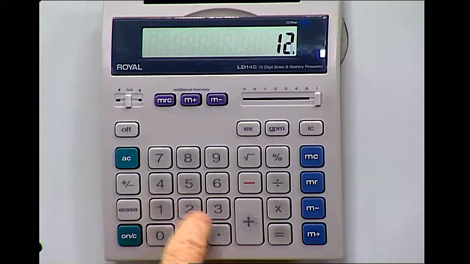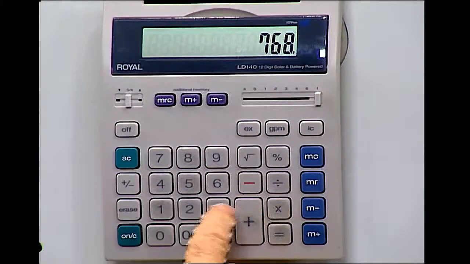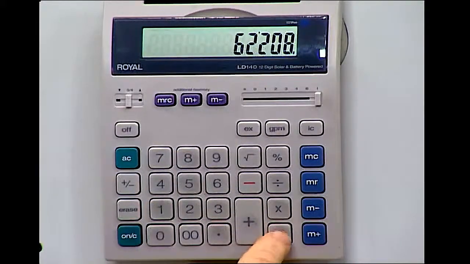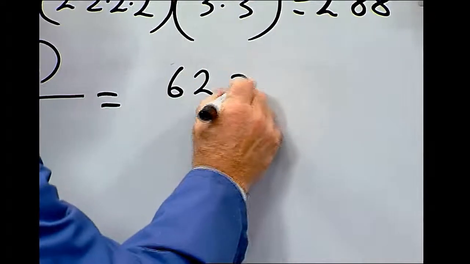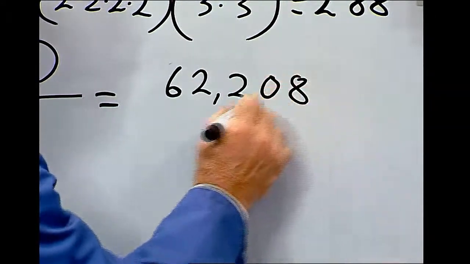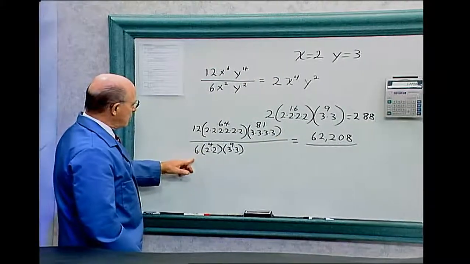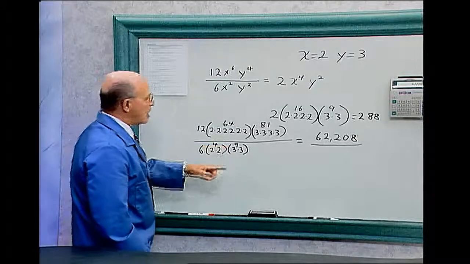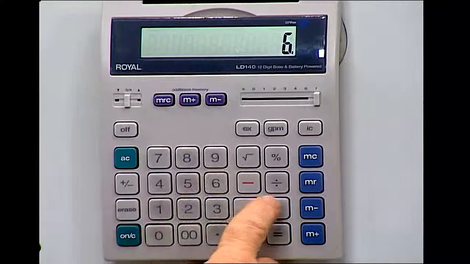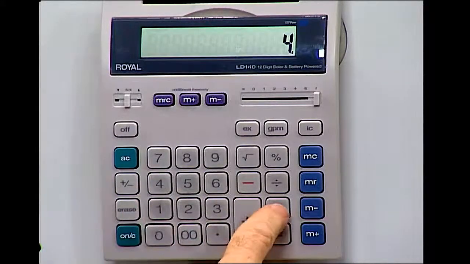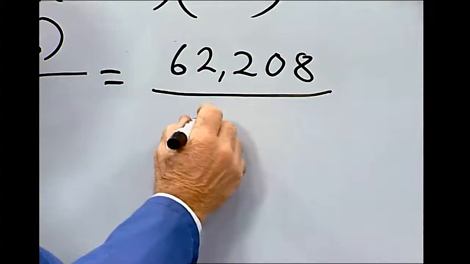So it's 12 times 64 times 81 equals 62,208, divided by, now we'll put these numbers in here, 6 times 4 times 9. Clear the calculator. 6 times 4 times 9 equals 216.